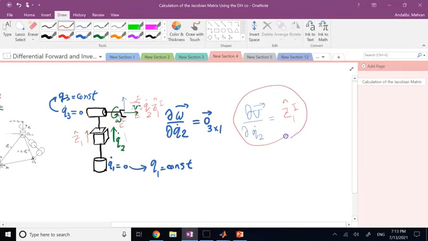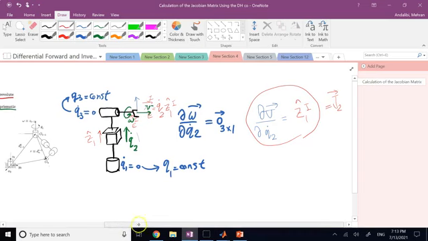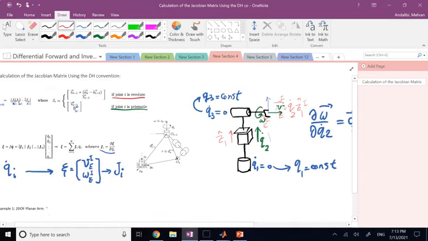So that is now equal to J2. So J2 is going to be Z1, or Ji is Z i minus 1, which you can see here.